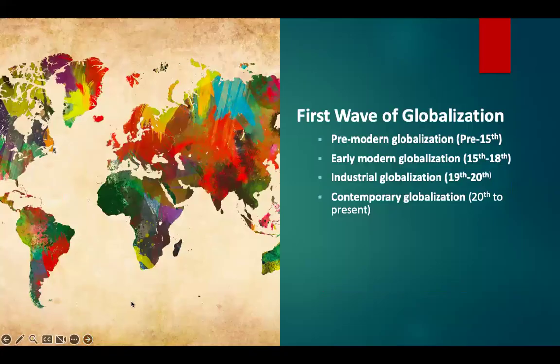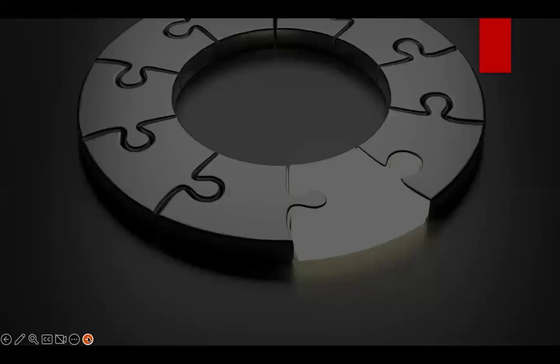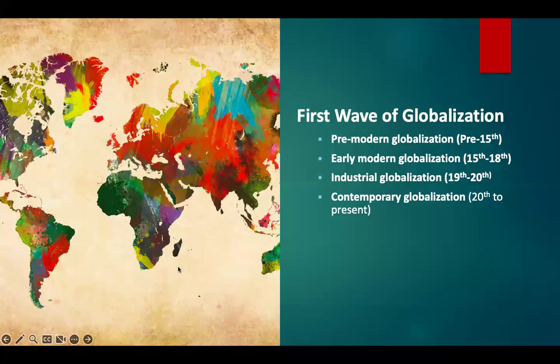One more thing before we finish this. One more slide: waves of globalization. Globalization has developed in waves, each shaped by technological advancements, economic systems, and political changes.